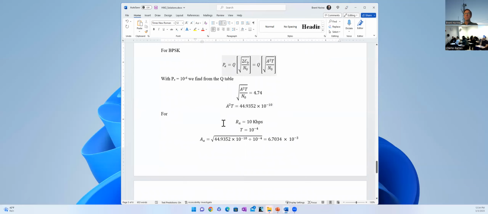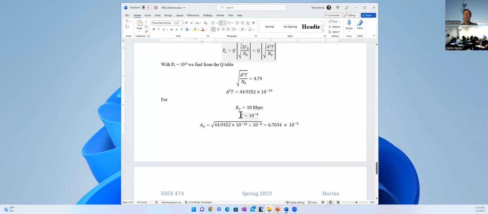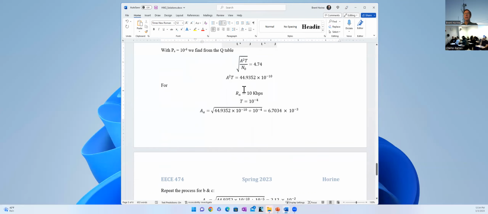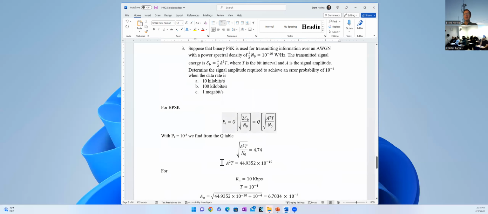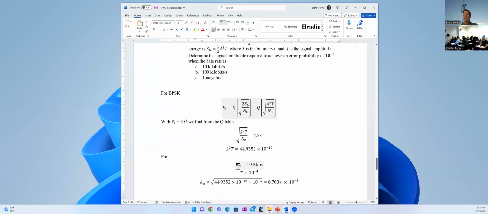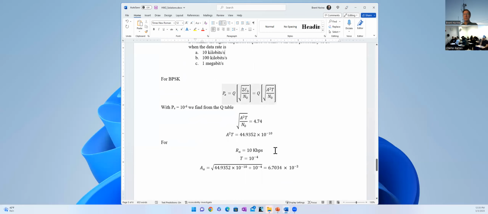Or this value here, right? And then in that case, we have A, B, and C here. So I've just noted that the rate for A is equal to 10 kilobits per second. That's actually 10 to the fourth, and so the reciprocal, or the period, is now 10 to the minus fourth.